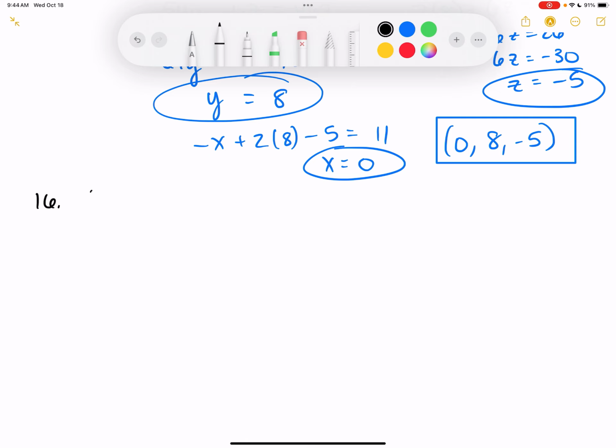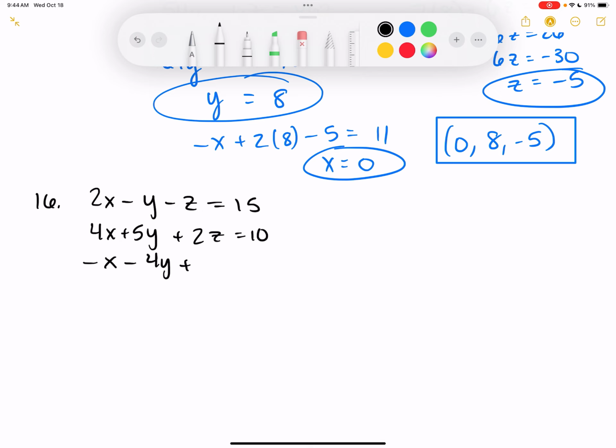So 2x minus y minus z equals 15. 4x plus 5y plus 2z equals 10. And negative x minus 4y plus 3z equals negative 20.